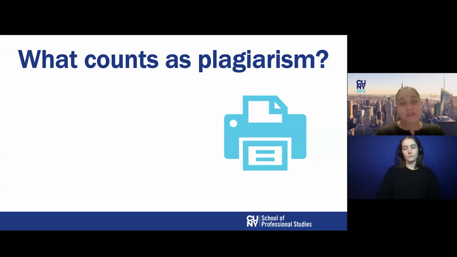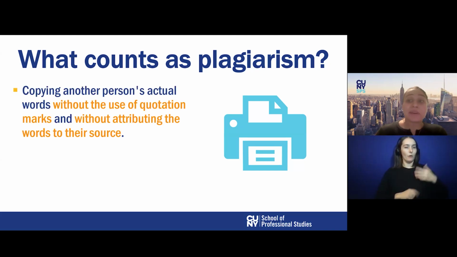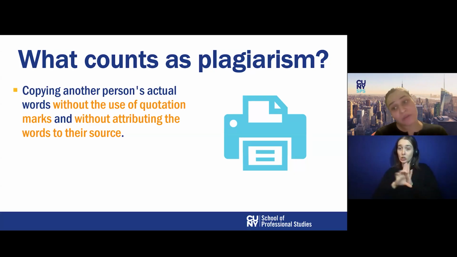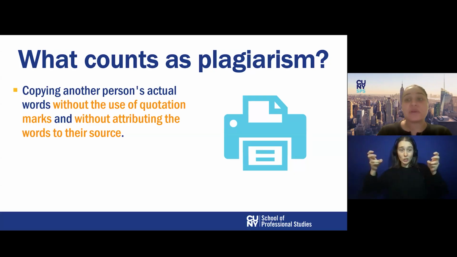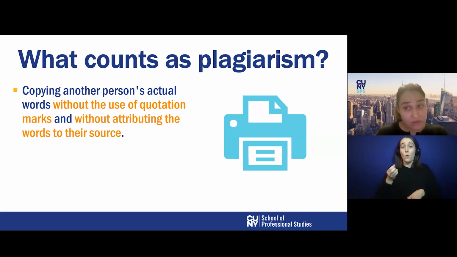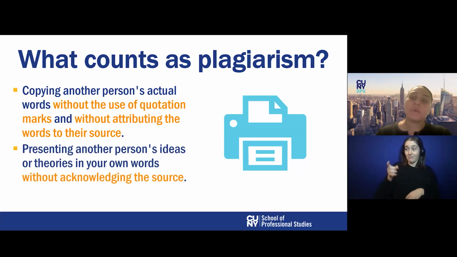So what really counts as plagiarism? The CUNY academic integrity policy includes the following as examples of plagiarism: Number one, copying another person's actual words or images without the use of quotation marks and without attributing the words to their source. Number two, presenting another person's ideas or theories in your own words without acknowledging the source.